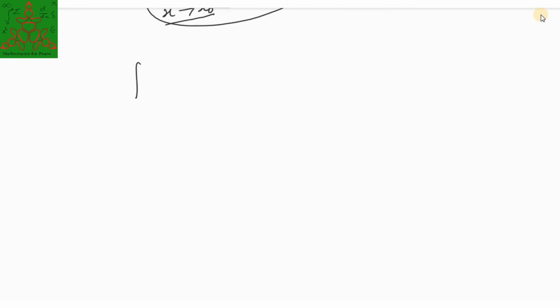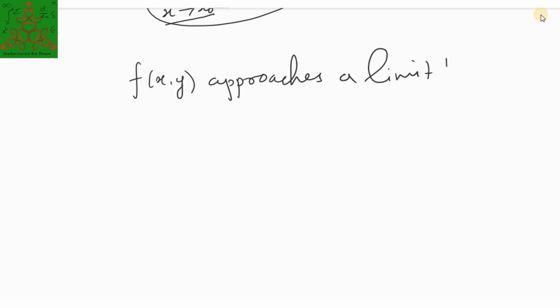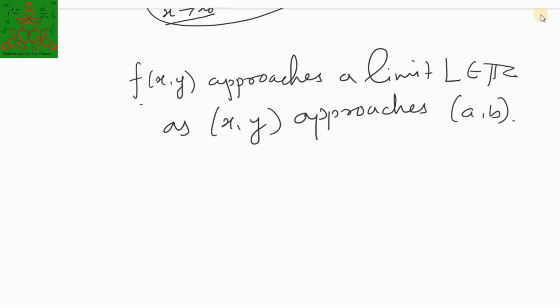So what is the situation? f of x y, a function of two variables, approaches a limit L, which is in R, as (x, y) approaches (a, b). What do we mean by approaches? It means f of x y is arbitrarily close to L, and (x, y) is sufficiently close to (a, b). For closeness, we have the notion of distance between two points, which is already defined in R2.